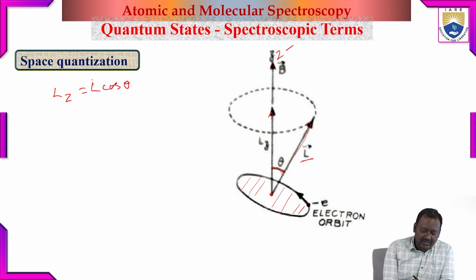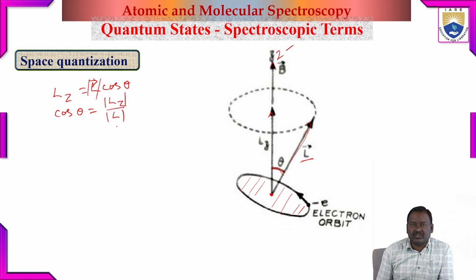So here Lz equal to L, the magnitude of L bar, times cos theta. And cos theta can be simplified as Lz by L. These two are magnitudes.